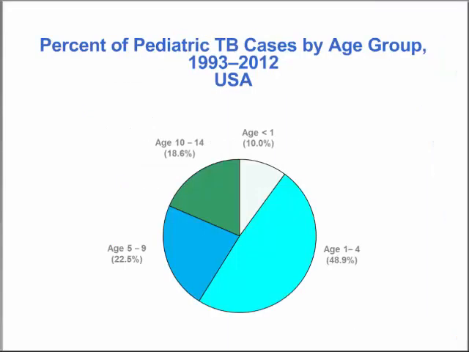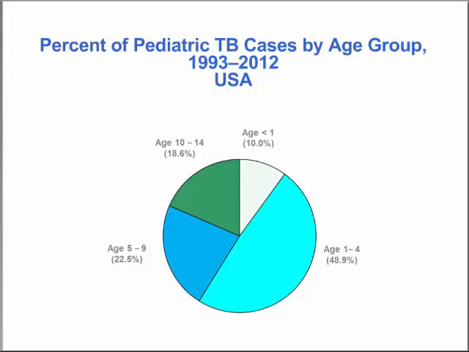In this graph, we can see the division by age group of the pediatric cases. This graph only represents the patients that are younger than 15 years of age. But the important thing in this graph is that 60% of the cases occur in children less than 4 years of age.